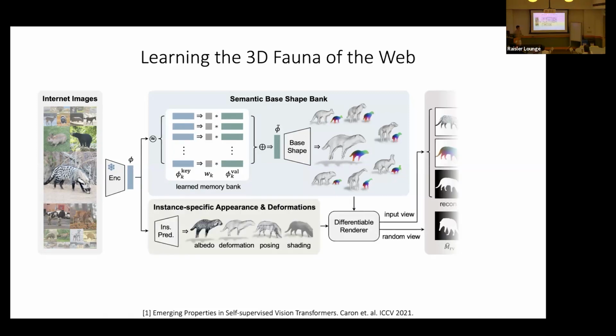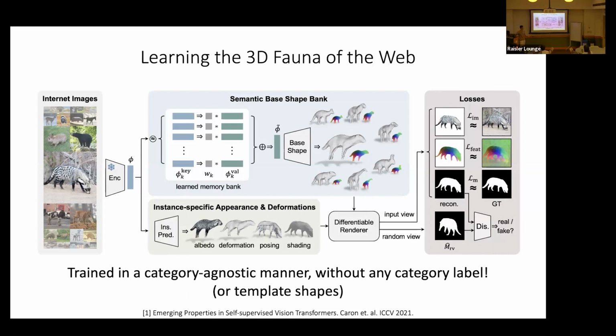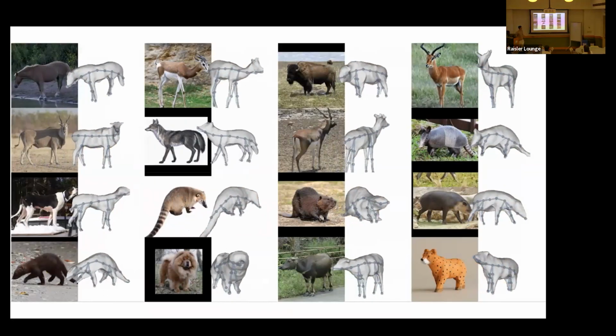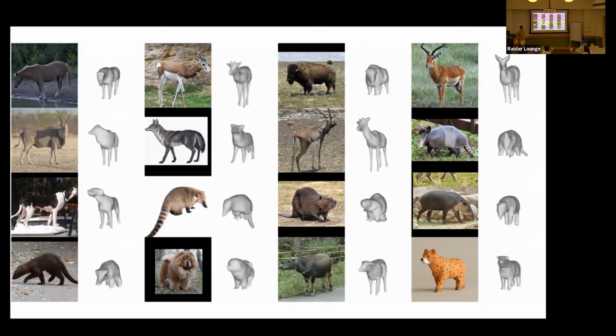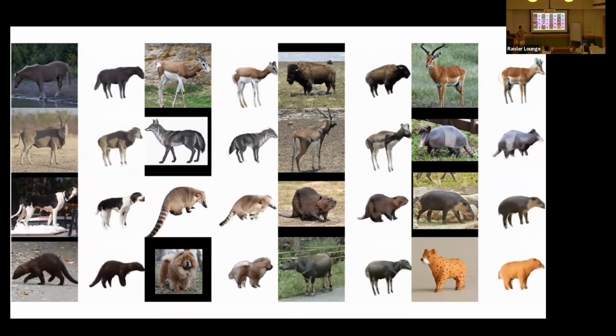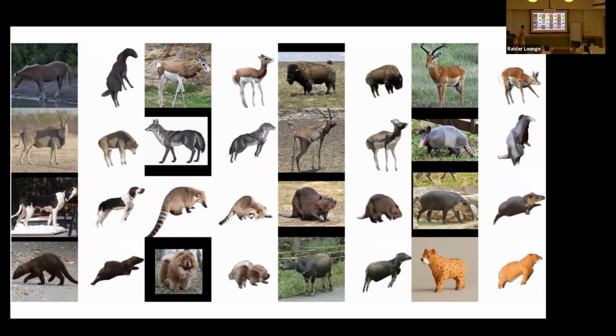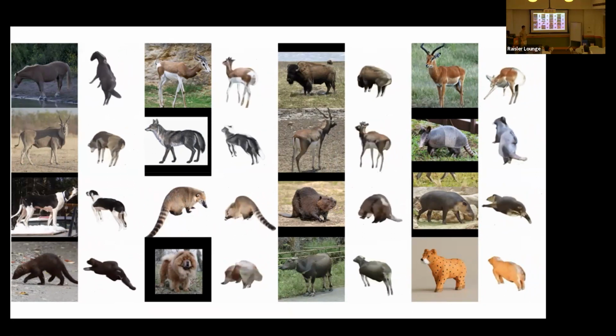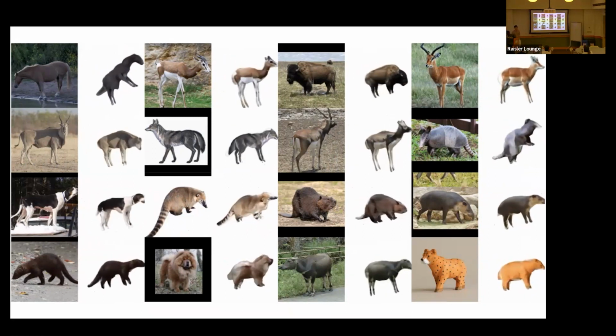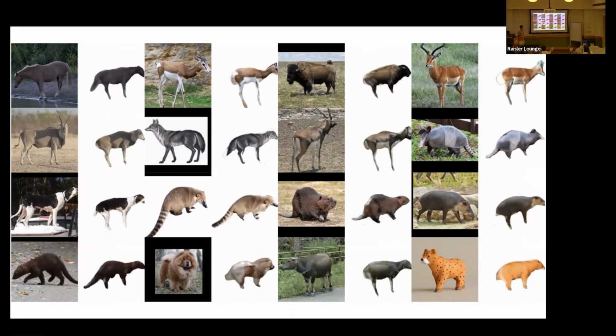With that, we apply the same framework, and you can scale it up to capture more categories automatically without even knowing the category label of these animals or template shapes. And these are the latest results, where the model takes in images of these different animals without knowing what they are, without giving it a hard-coded category label.